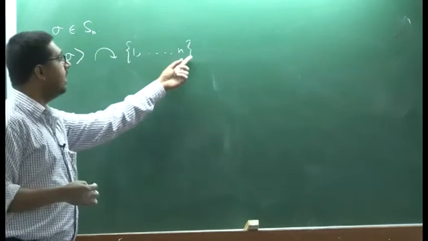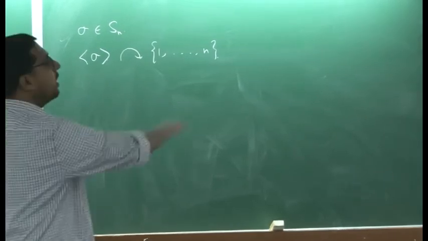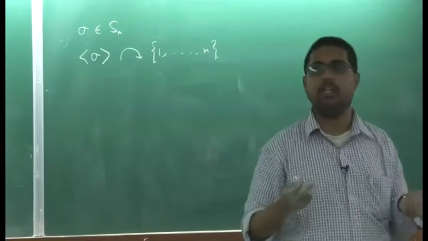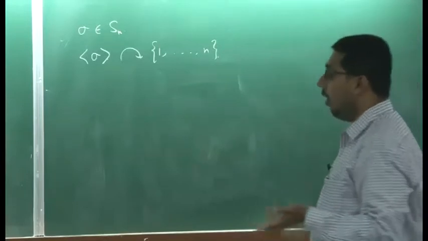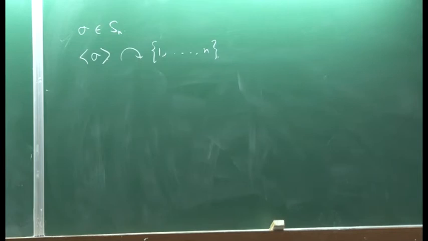Okay. So, this action need not be transitive, right. For example, if you start with a transposition, and n is, let us say, greater or equal to 3, then certainly that is not going to be transitive. So, then the question is, what are the orbits of this action? Do we have some description of those orbits in terms of the given sigma? Yes, we do.